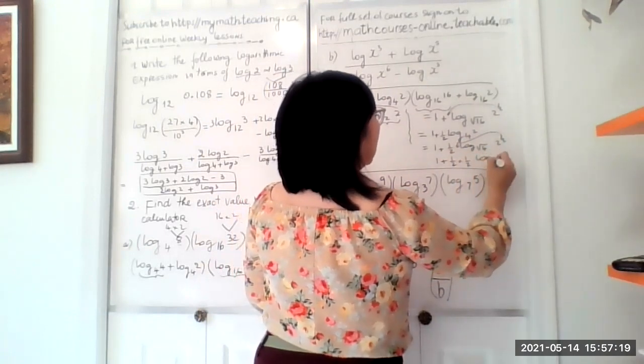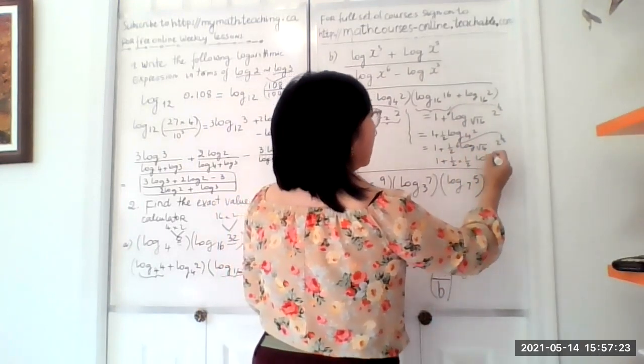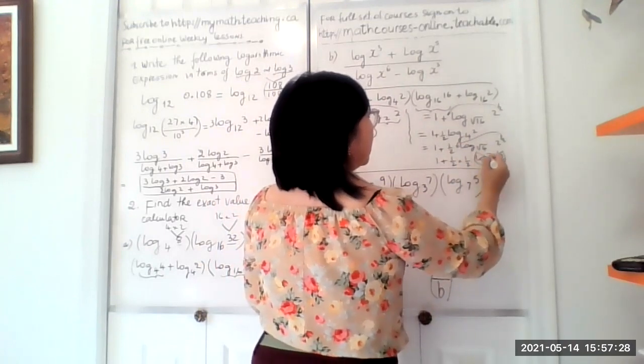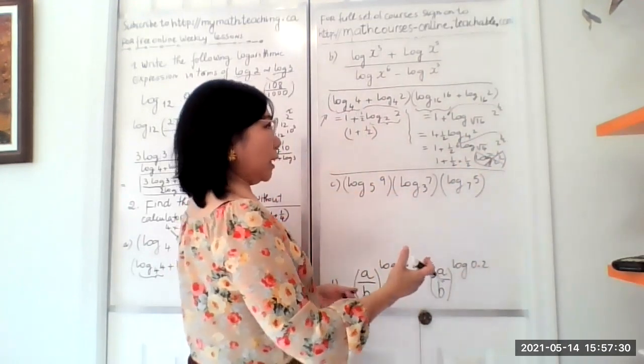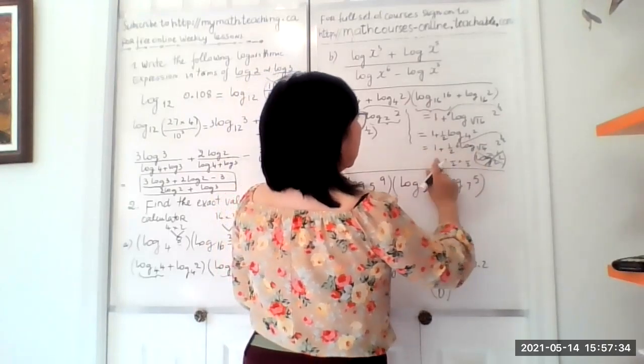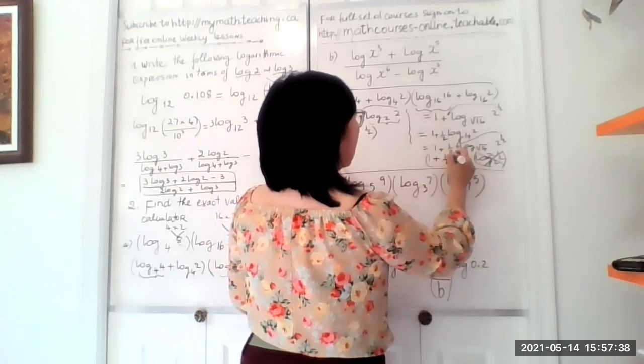And this will become log 2 of 2. But log 2 of 2 is equivalent to 1. So we can just omit it and cancel that because that's just 1. 1 times 1/4. So this second bracket turned out to be 1 adding with 1/4.